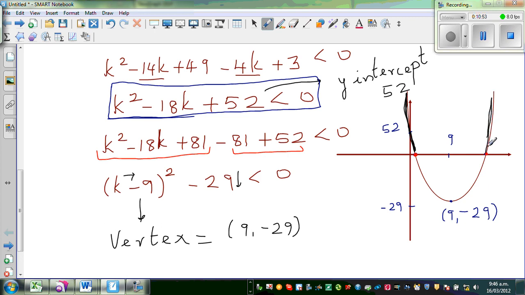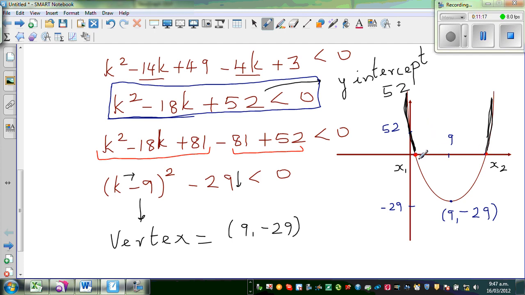Let me call these points x1 and x2. When your values of x are less than x1 or greater than x2, the values of the function are greater than 0. At these points, they're equal to 0.